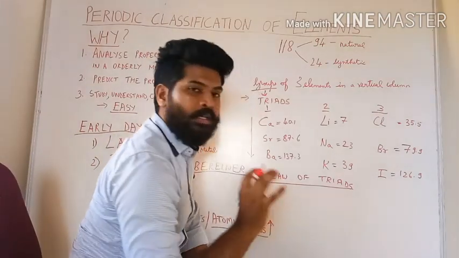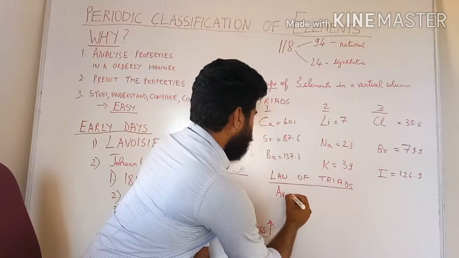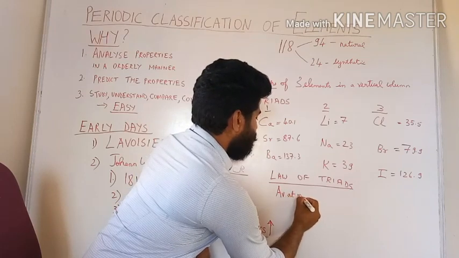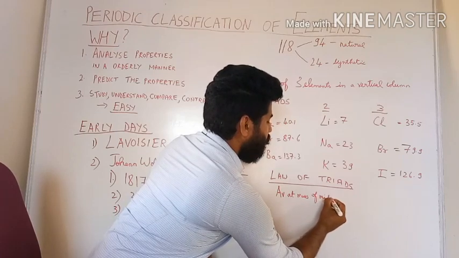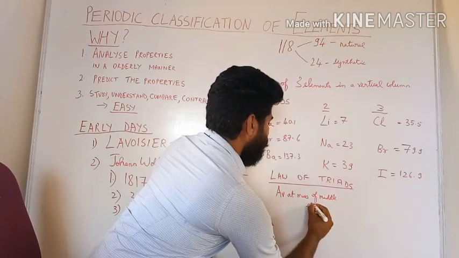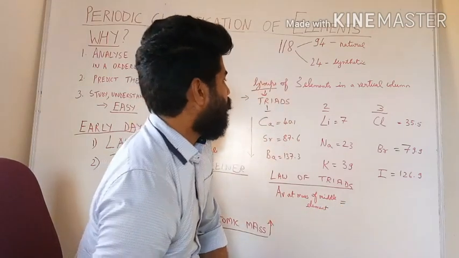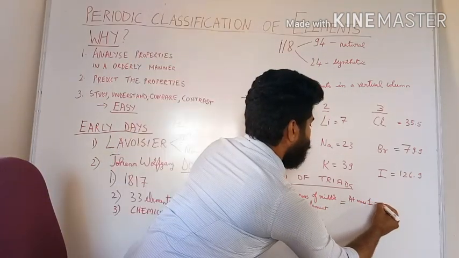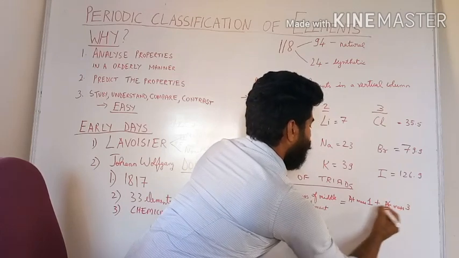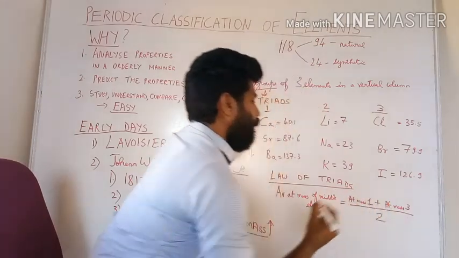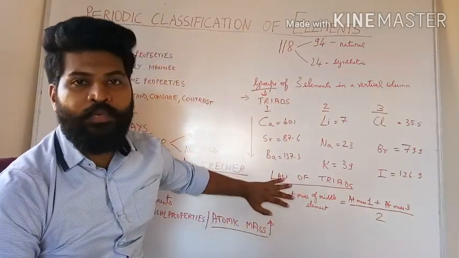So, to put it in a simple formula, average atomic mass of the middle element is equal to atomic mass of element 1 plus atomic mass of third element divided by 2. So that is our law of triad.